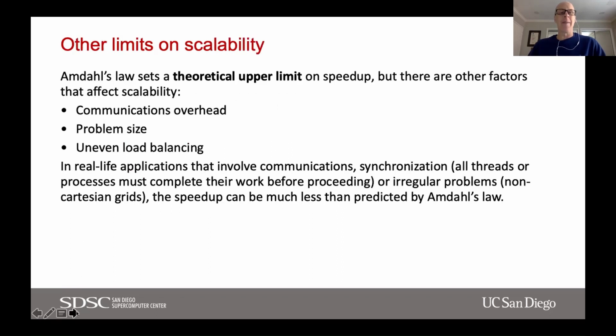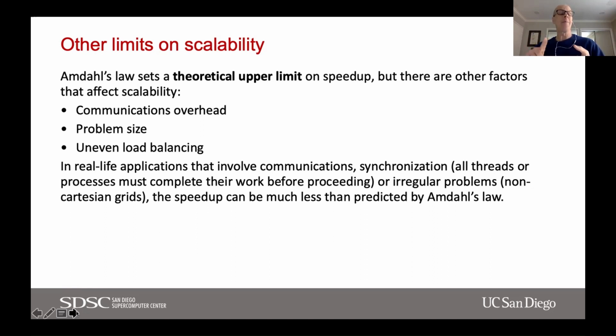Okay, so we're going to talk about some of the other limits in scalability. Amdahl's law, which we just discussed, sets a theoretical upper limit on the speedup, but there are going to be other factors that affect scalability. There's going to be communications overhead. There's going to be limitations based on the problem size.